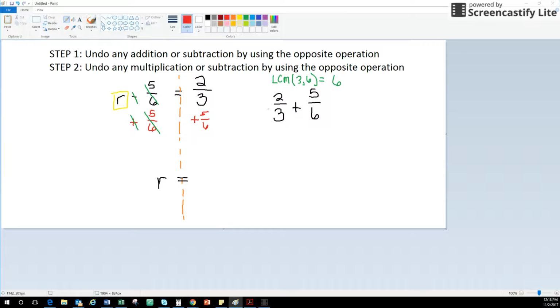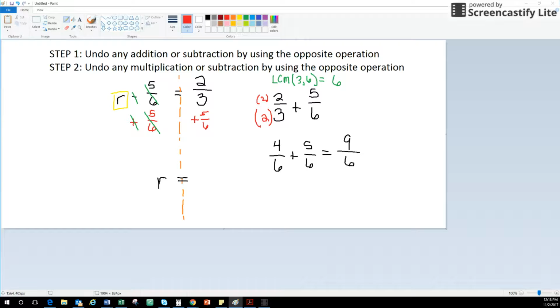So that means this one I have to convert to a 6, meaning the 3 times 2. And I also need to multiply that to the top, so I'm not changing the value of the fraction. So this would become 4/6 plus 5/6. And now I have a common denominator. I get 9/6.